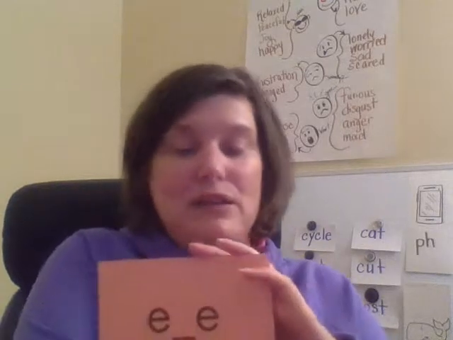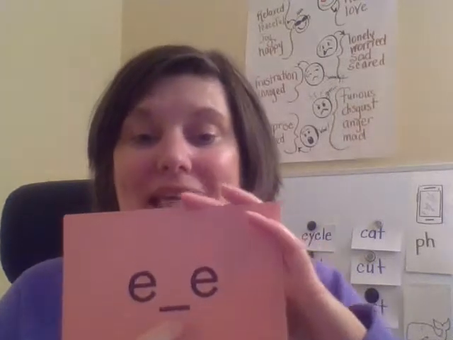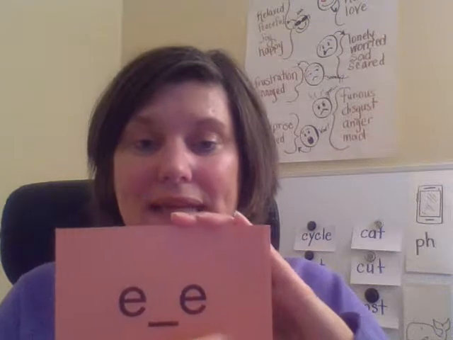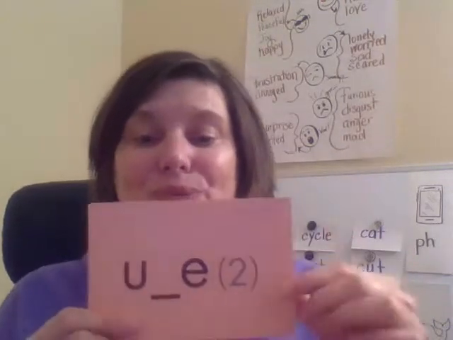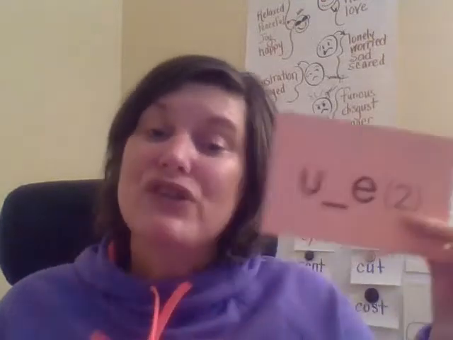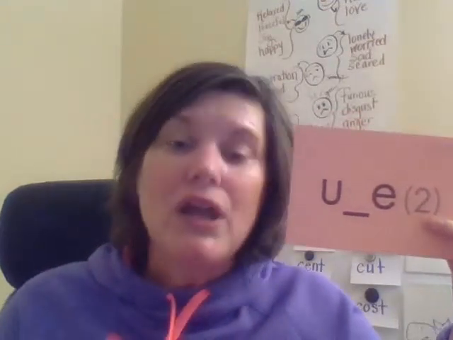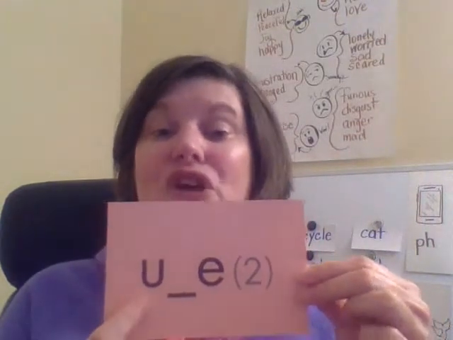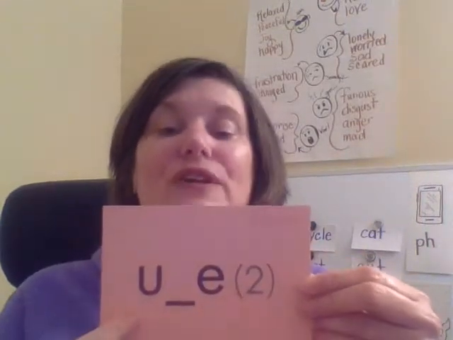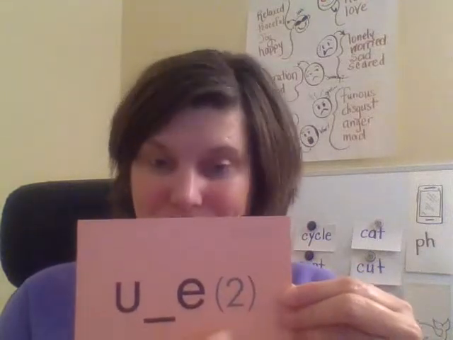And we have two more of these silent E syllable types. This will say E. Together, E. Your turn. Very good. And this one has two vowel sounds. You know, there's always rule breakers out there. U is one of those rule breakers. The first sound is U. Together, U. Your turn. Good.